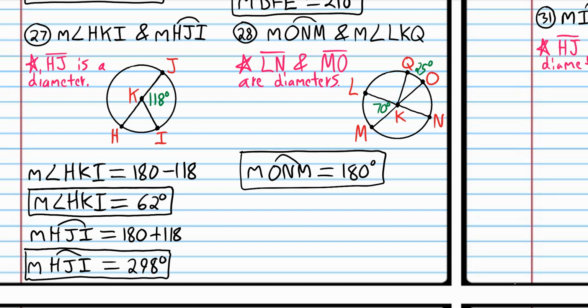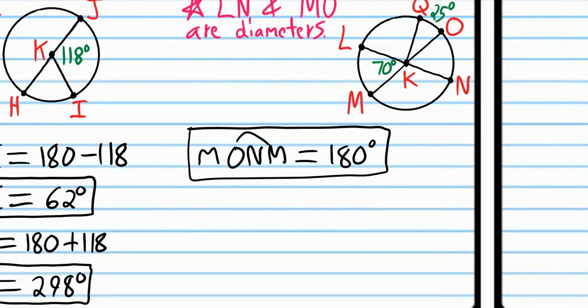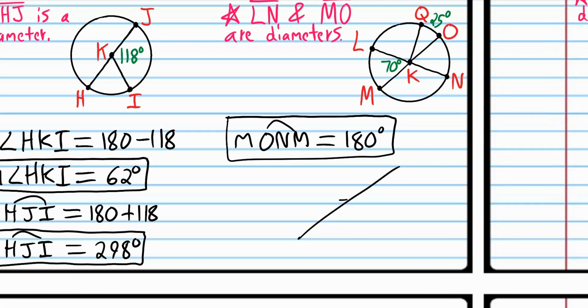We know that this is 180 degrees because that's a diameter. And we know that this angle is 70. And this arc is 25, which means the corresponding central angle is 25. So if you take that out, we have 25 and 70. And obviously to find this angle, you're just going to subtract 25 and 70 from 180 because, again, this is a straight line.